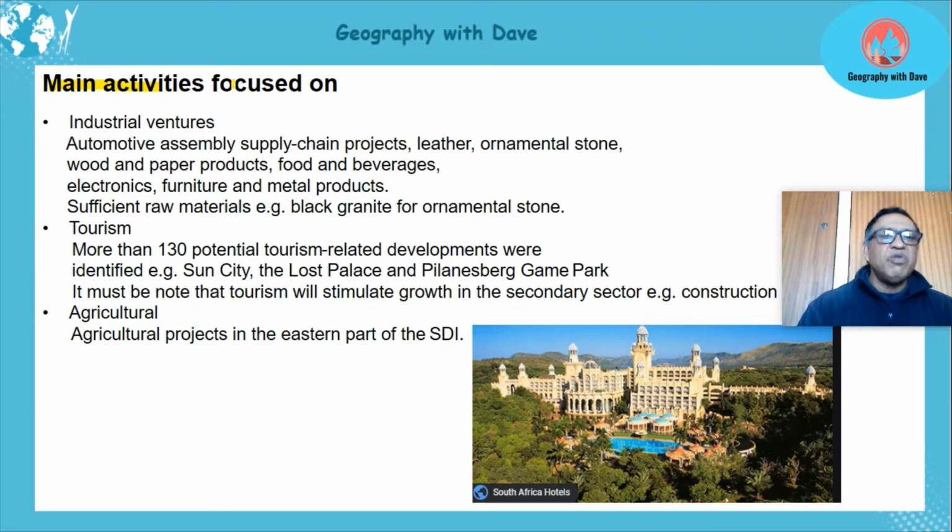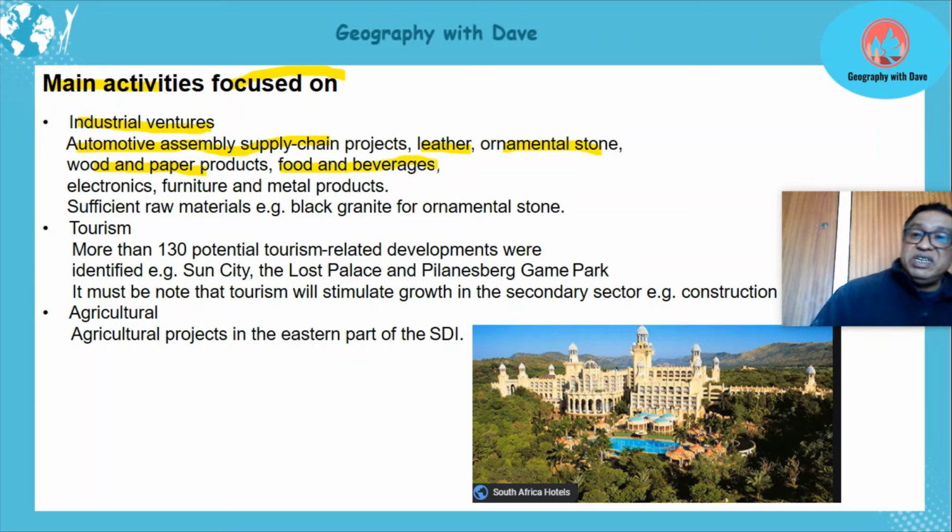All right, it focused on your industrial ventures, many of them. Look at what is coming through. Some little pieces were established already in the area, but they expanded it further through this spatial initiative, passing through more investors, etc. Some of them are motor assembly supply chains and projects, leather, ornamental stones, wood and paper products, food and beverages.